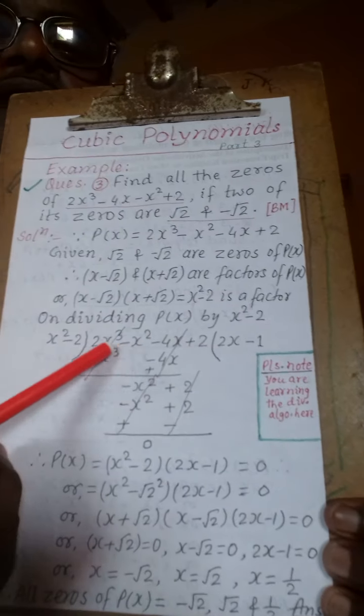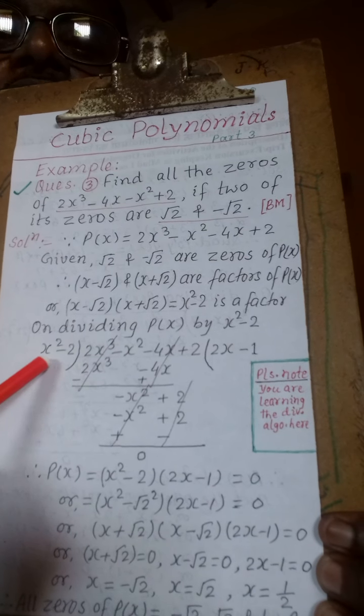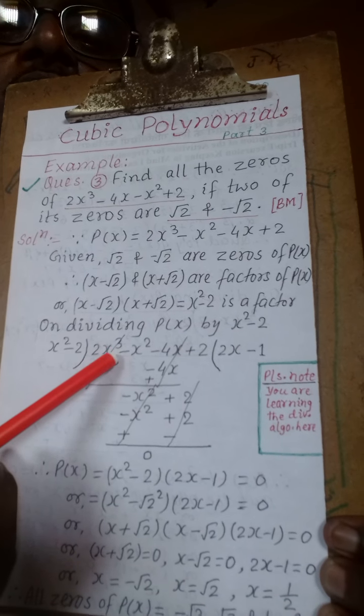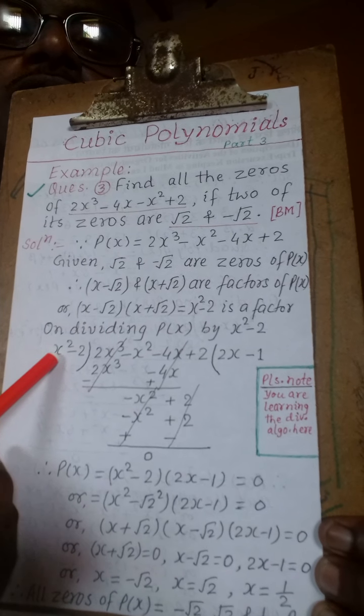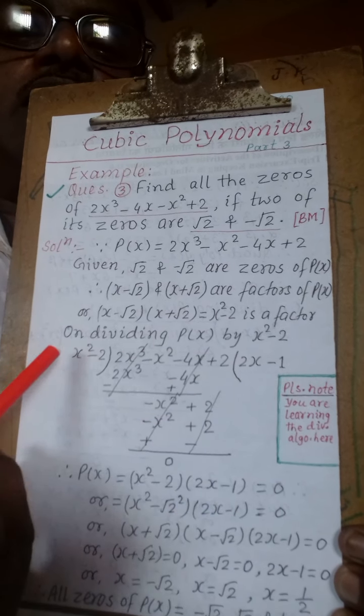I have divided p(x) by x square minus 2, and as you know, first of all we have to find 2x cube. So x square is multiplied by 2x, we get 2x cube.